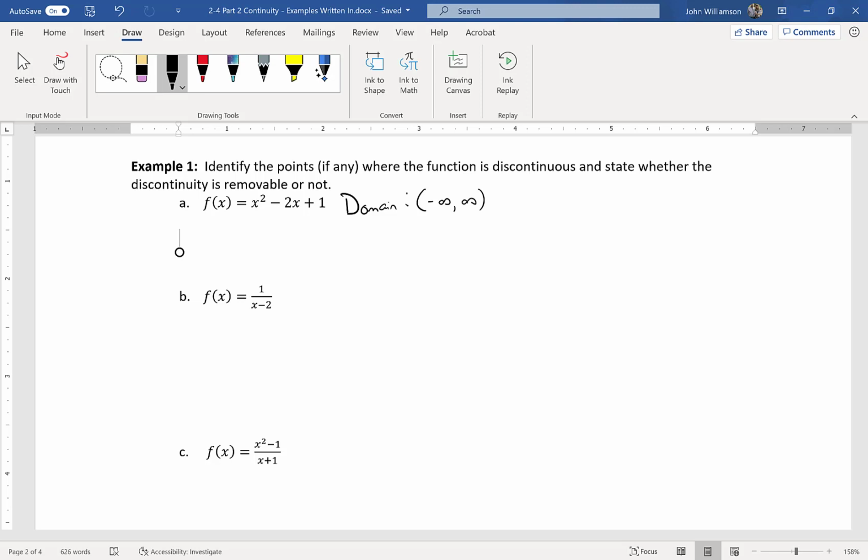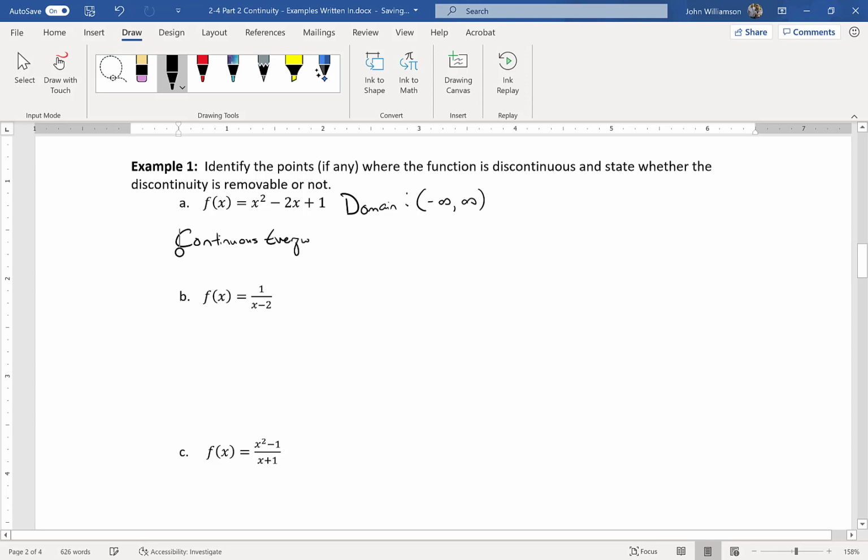So in this case, because this is a polynomial, it is continuous everywhere. Every single polynomial function is continuous everywhere.